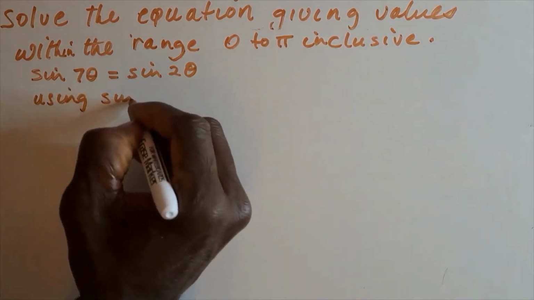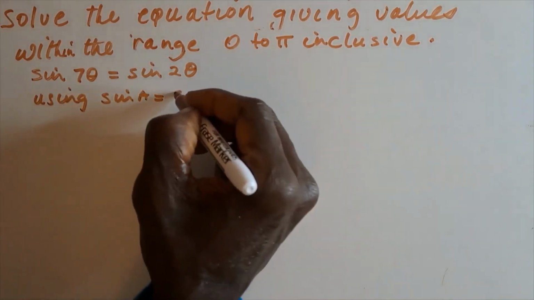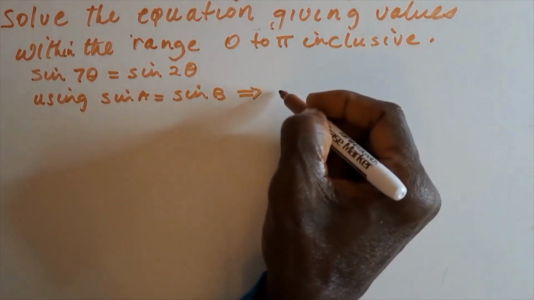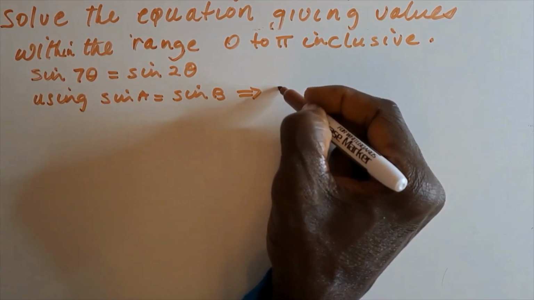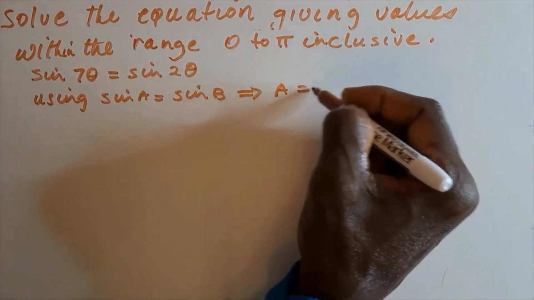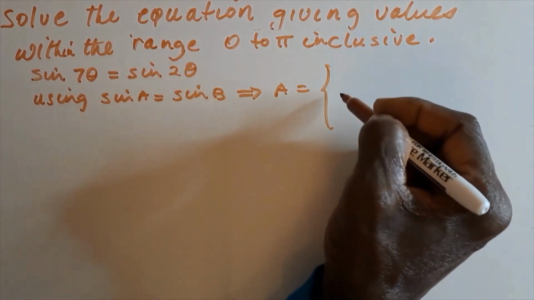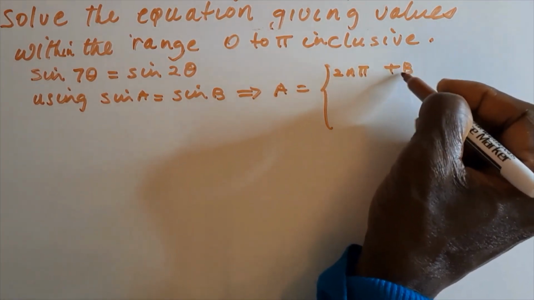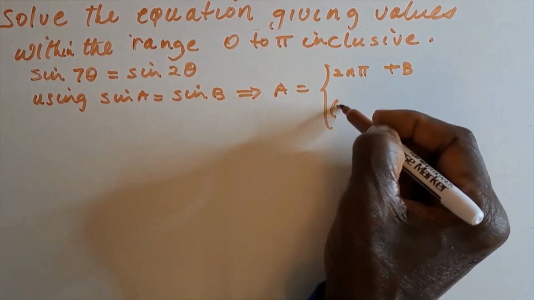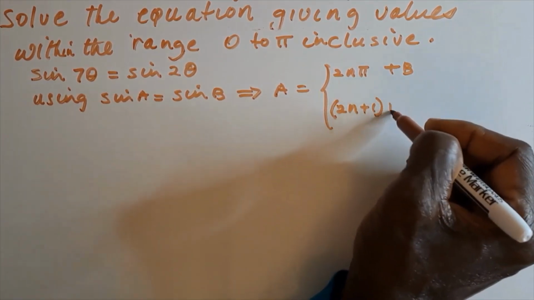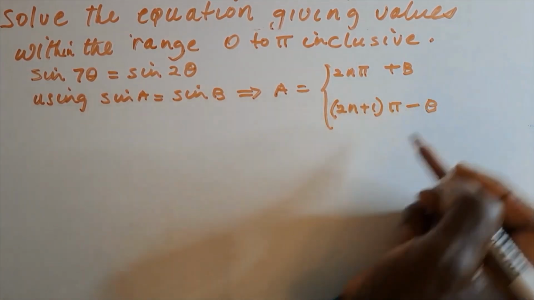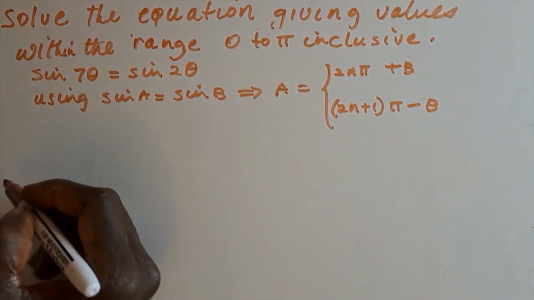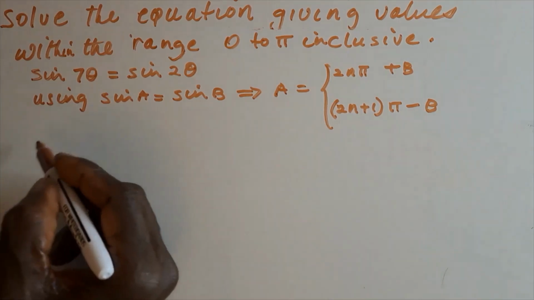That's sine A equal to sine B. And this implies that the solution set A is equal to 2n pi add B and 2n add 1 pi minus B. Straightforward, we have A is 7 theta and B is 2 theta.